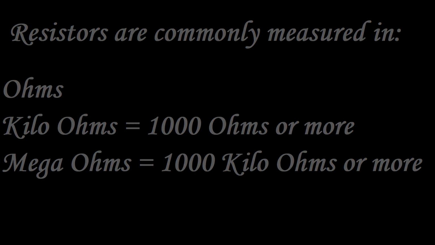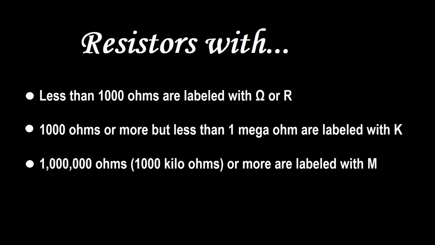When a resistor has a value of less than 1,000 ohms, it is usually labeled with the omega symbol, or sometimes just the letter R for resistance. Resistors with 1,000 ohms or more, but less than 1 megaohm, are usually labeled with K for kiloohm, and resistors with over 1 million ohms, or over 1 megaohm, are usually labeled with M for megaohm.